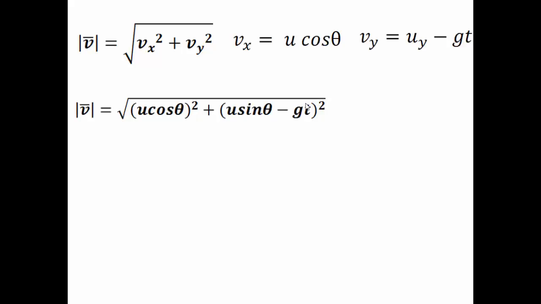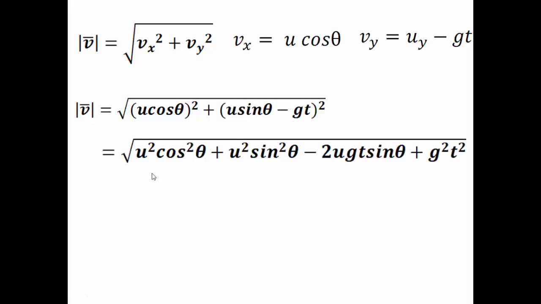Now, the magnitude of velocity at any given point will be equal to the square root of Vx square plus Vy square. But we have Vx equals u cos theta and Vy equals uy minus gt. So we substitute them. We get magnitude of velocity equals square root of u cos theta the whole square plus uy, which is nothing but u sin theta, so u sin theta minus gt the whole square.